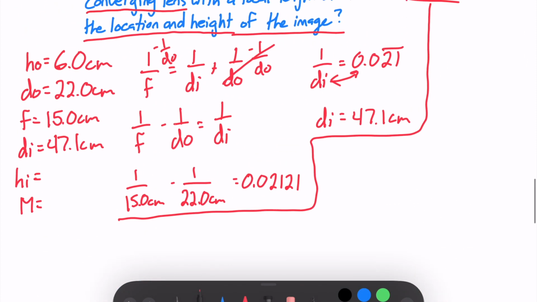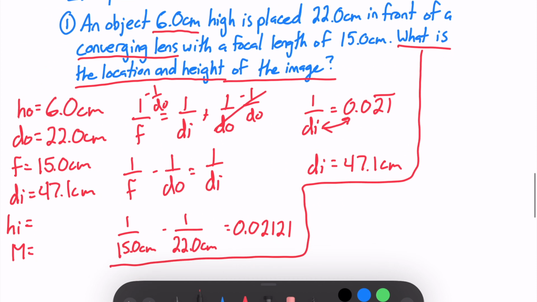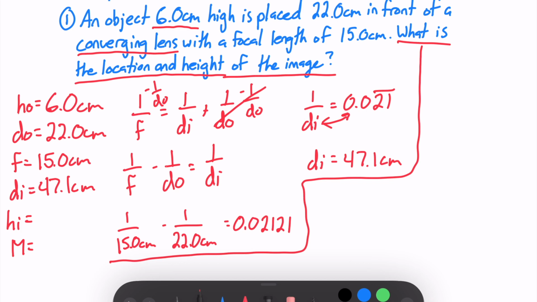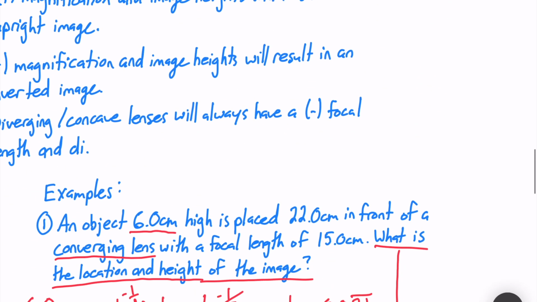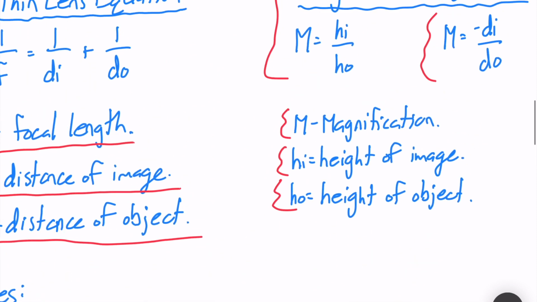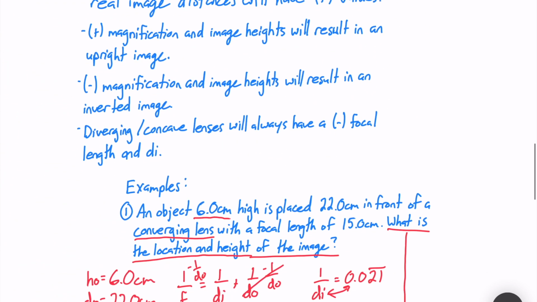Okay, we have a couple different formulas that we can use to figure out magnification. I'm just going to scroll up and show us. We have m equals hi over ho, and m equals negative di over do. We have di and do, so we can use that one here.